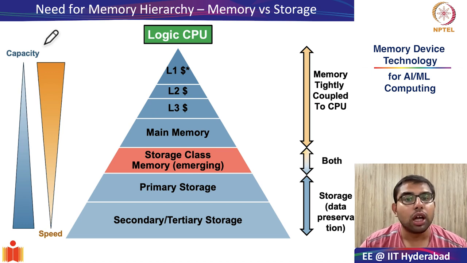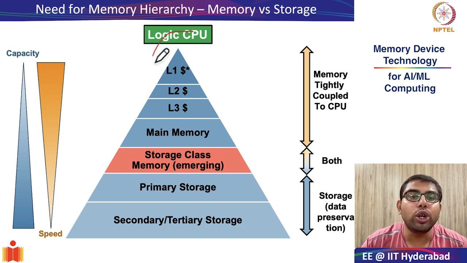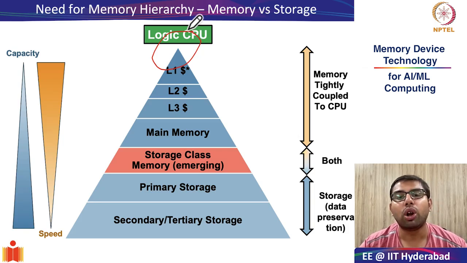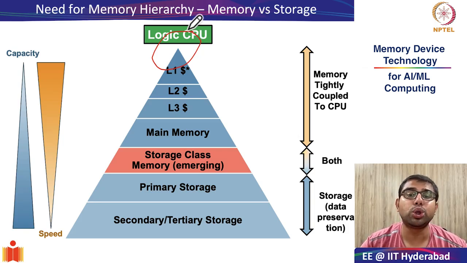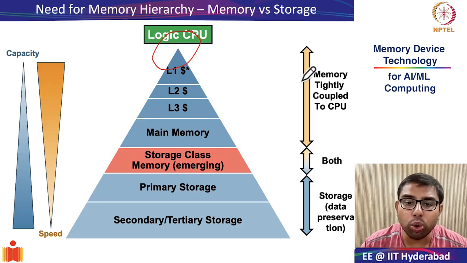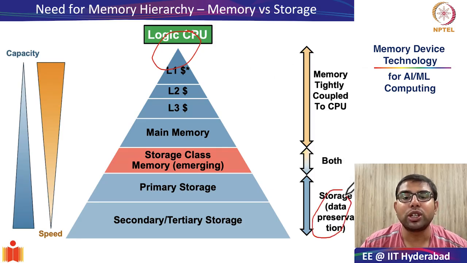Memory is intrinsically tied to the operations of your logic CPU. It is very tightly coupled to the CPU, and the idea is to store only relevant data which is immediately needed by the CPU, whereas storage is more from the perspective of data preservation.